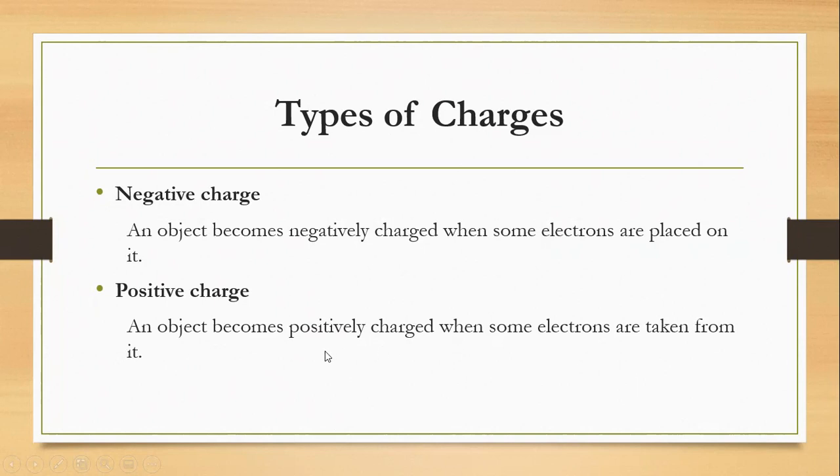Clear, my dear student? When we place some electrons on an object, it will become negative charge. And when we take some electrons out of the object, it will become positive charge.